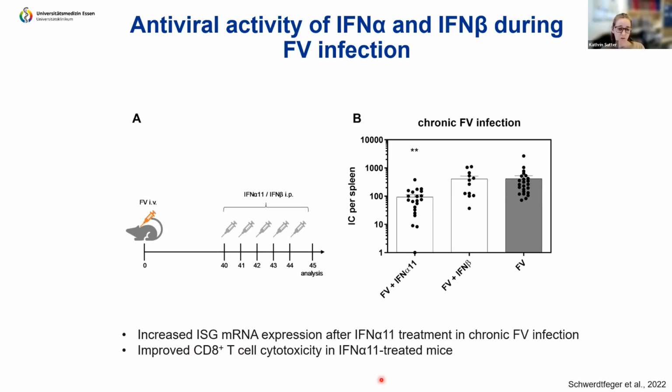And this is also very interesting, because you see that in the acute infection, this cytokine is mainly modulating NK cell responses, whereas in the chronic infection, it's mainly modulating the T cell responses. That was really interesting.